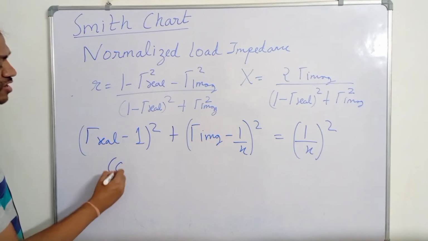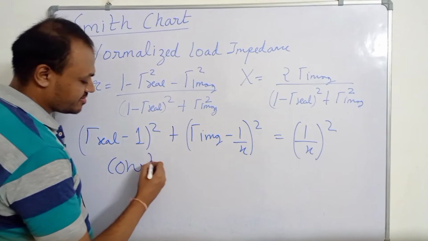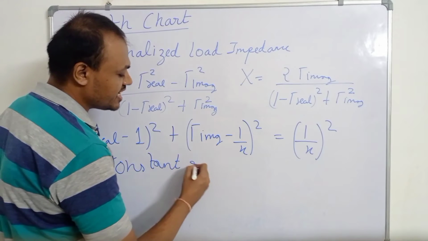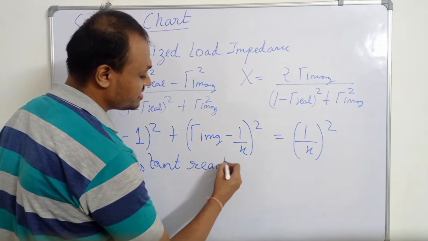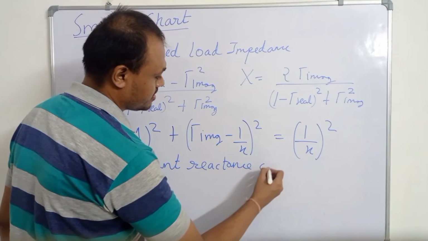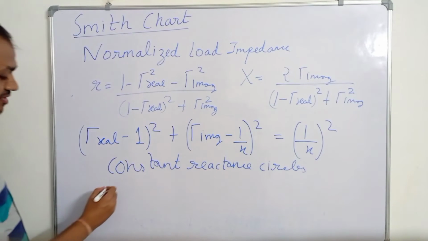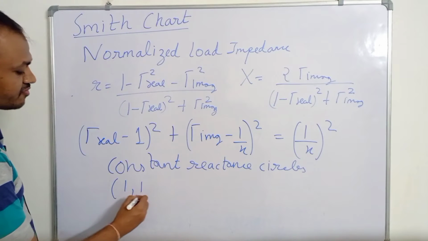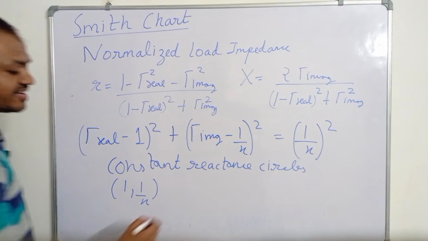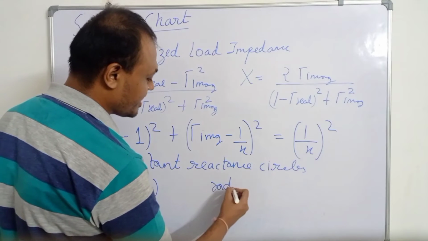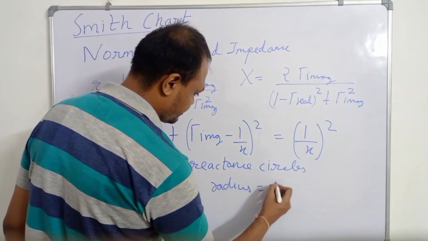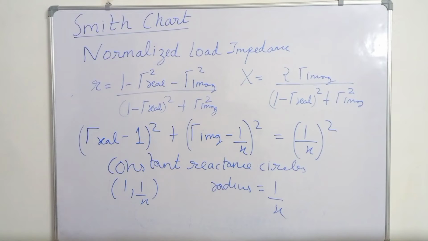So these form constant reactance circles, whose center is 1 comma 1 by x and radius is 1 upon x.